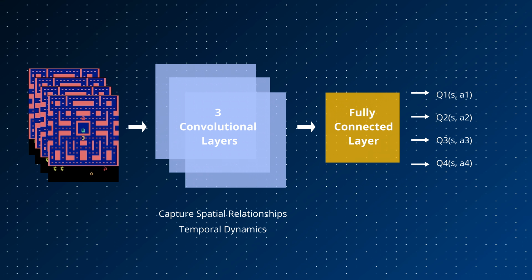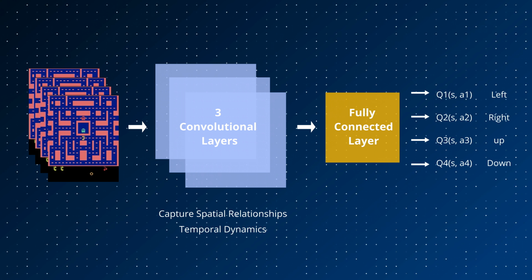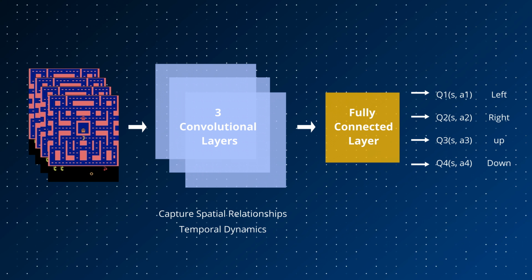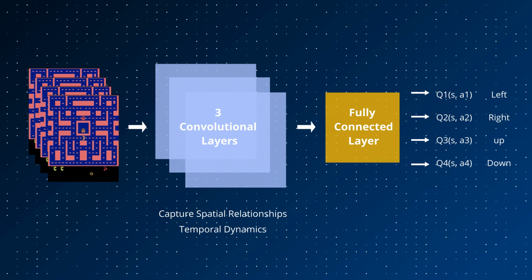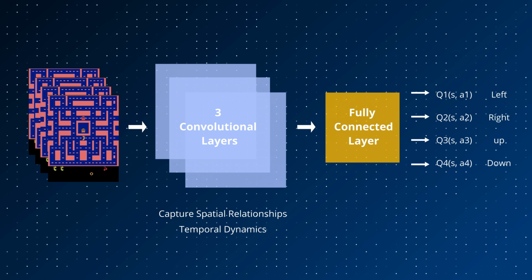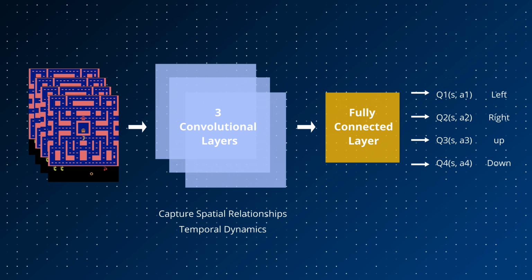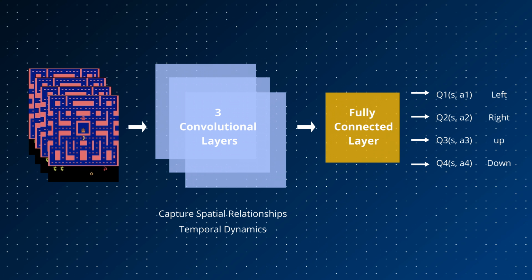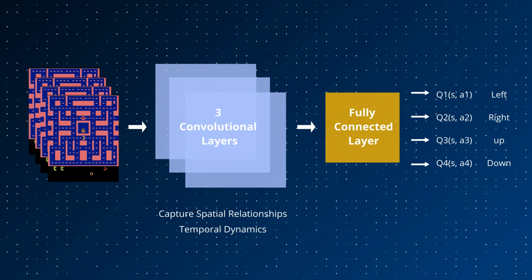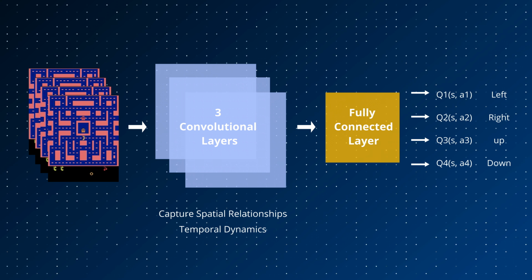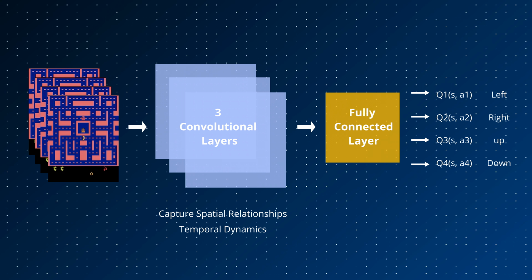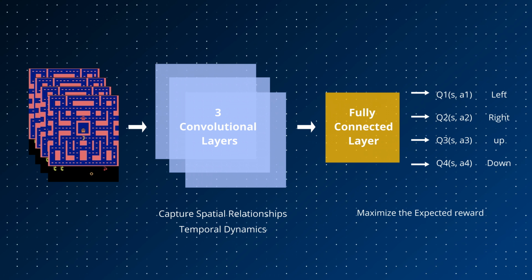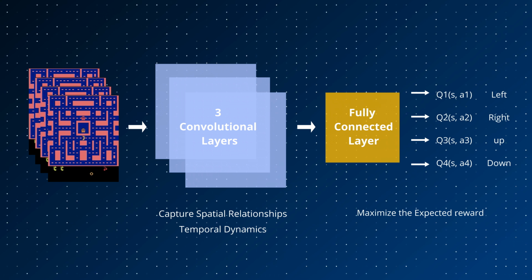For a game where the actions are moving left, right, up, and down, this layer would have 4 nodes, each representing one of these actions. The value emitted by each node corresponds to the Q value associated with taking that action, given the state input to the network. This output is key for the AI's decision-making process, guiding it to actions that maximize expected rewards.